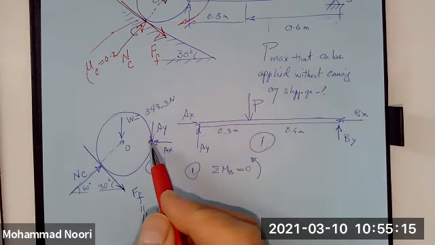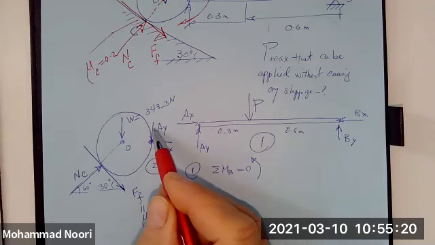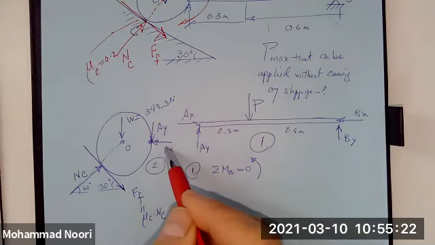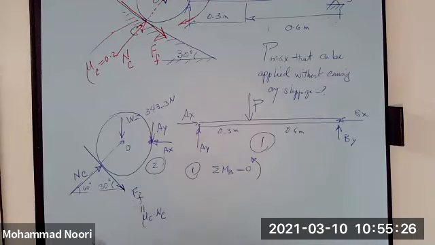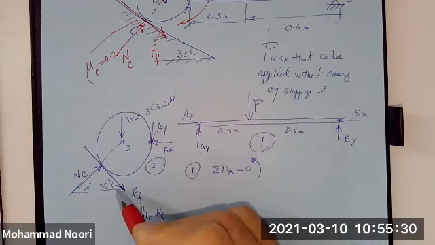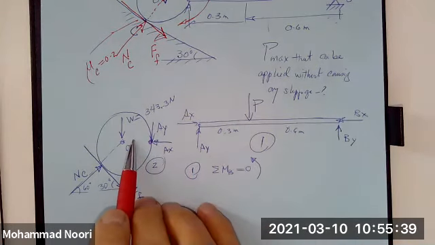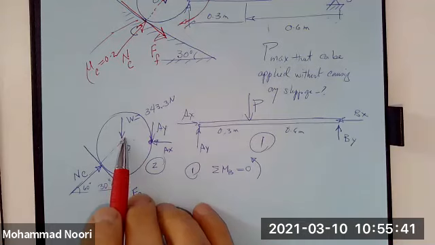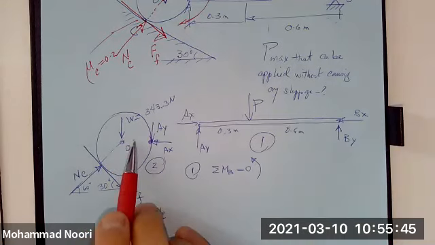Whereas here I have 3 forces. I can start with this one, but because of the geometry of it, I cannot find all the unknowns.